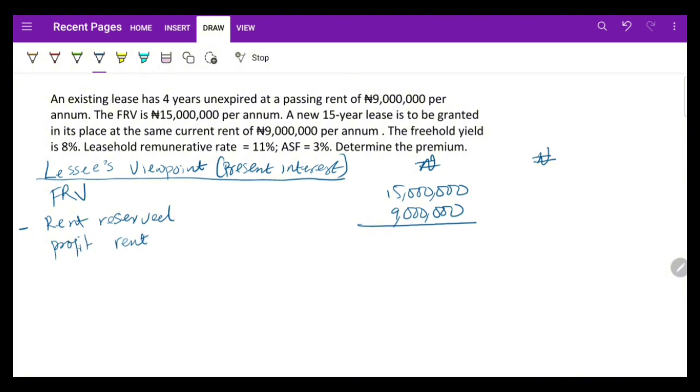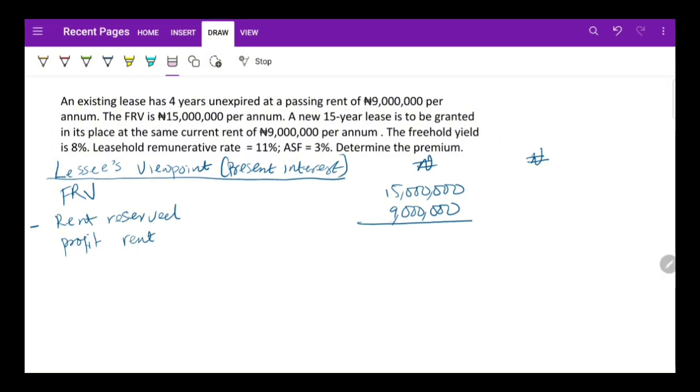Remember that every time you are valuing the leaseholder's interest, what you are capitalizing is the profit rent, because that is the advantage that comes to the lessee. So what you're capitalizing is the profit rent. The profit rent is 6 million naira. Okay, and then we capitalize it using the YP 4 years.